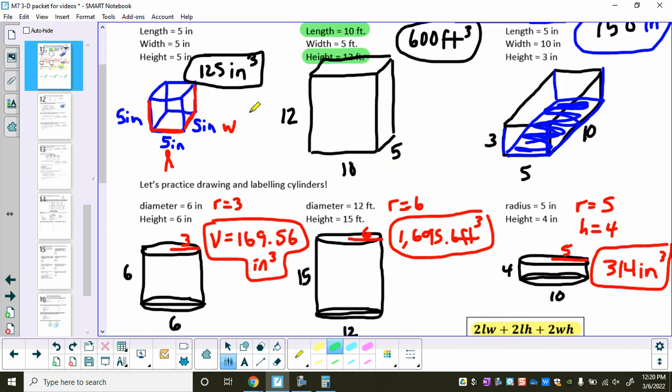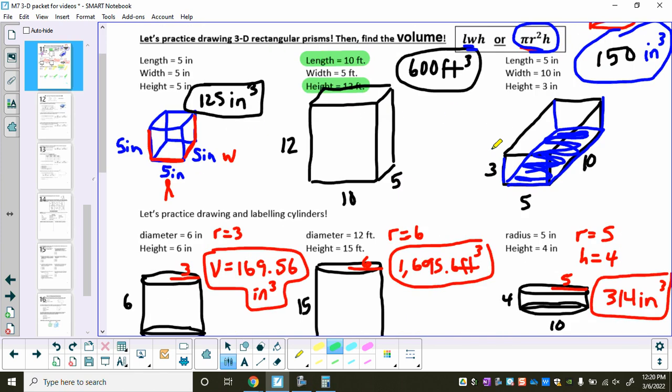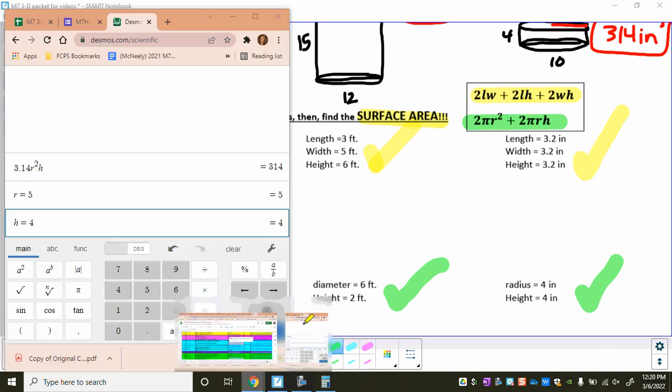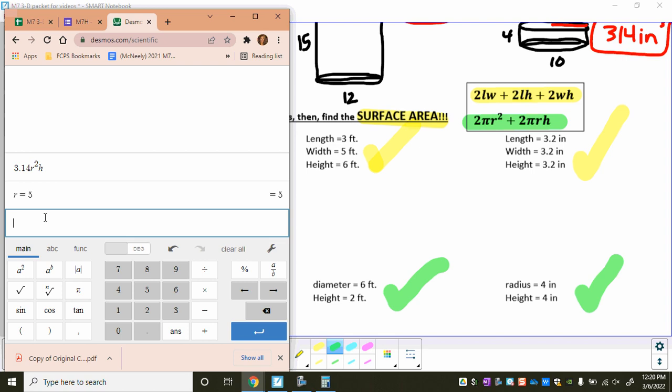This one was kind of a more recent topic, finding volume, so I just did that one with you, but I didn't want you guys to forget about surface area. So these are the formulas. You certainly can use Desmos, but just make sure you come through here and switch out the formulas. So if it's the box, you're typing in this one, 2LH and then 2WH, and then just again tell it what length, width, and height equal.